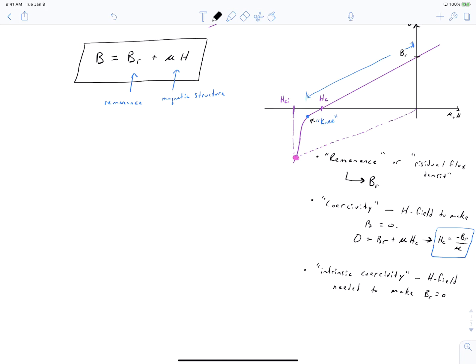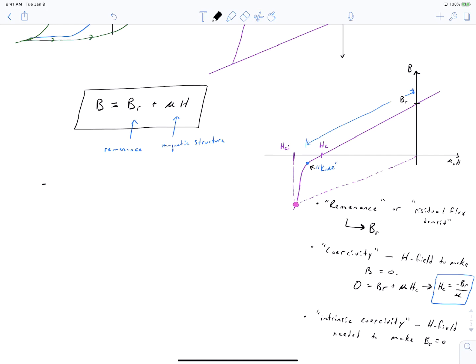And these are properties that you will need to know the name of and be aware of when you look up materials on a manufacturer's website, as well as when you enter material properties into your FEA tool and try to set up a simulation that has permanent magnets. And then also, relevant to this lecture, when you need to know these properties in order to determine the magnetic equivalent circuit of your permanent magnet.